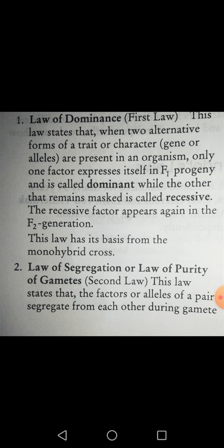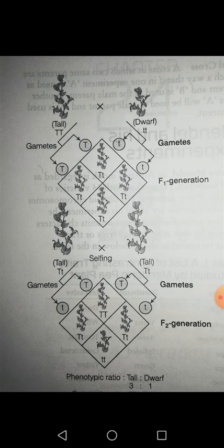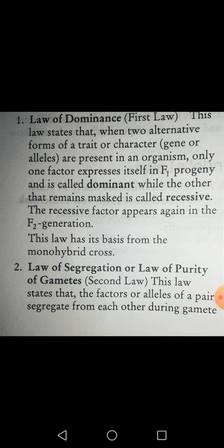On the basis of this experiment he proposed two laws. See, in the F1 generation you are observing only tall plants. There is not a single dwarf plant. So we can conclude that when two parents having two contrasting traits of a character are crossed together, in the F1 generation only one character expresses itself. This law states that when two alternative forms of a trait or character are present in an organism, only one factor expresses itself; in such a case only tall plants are observed.